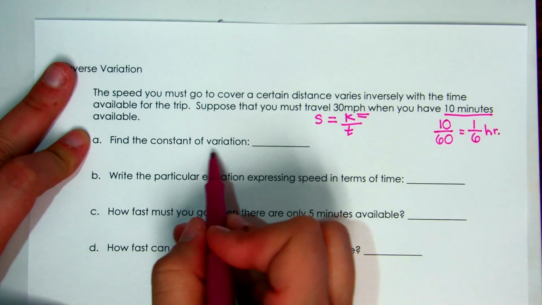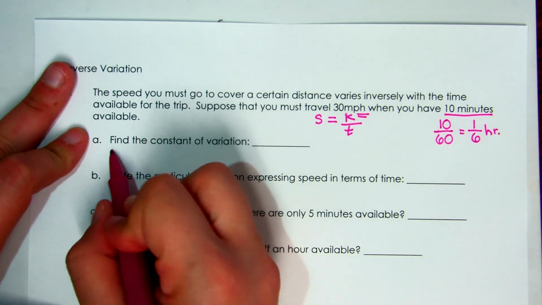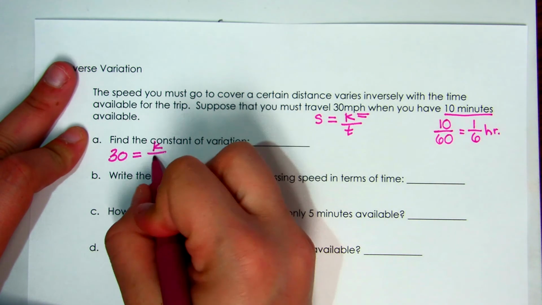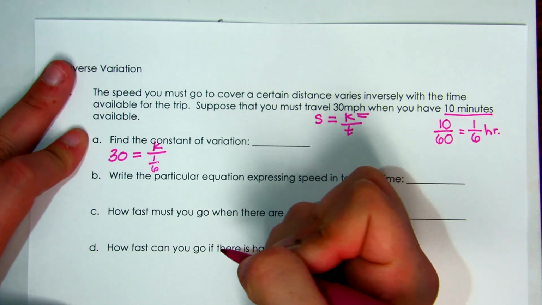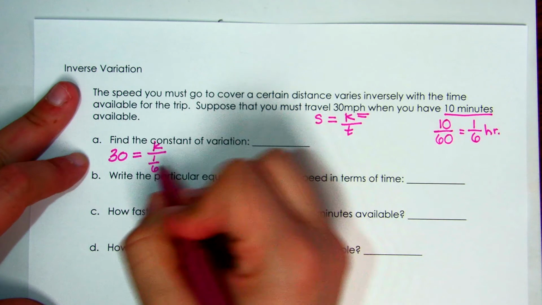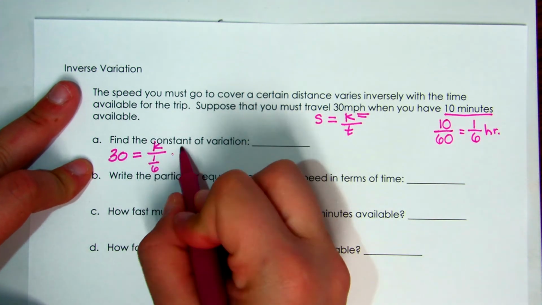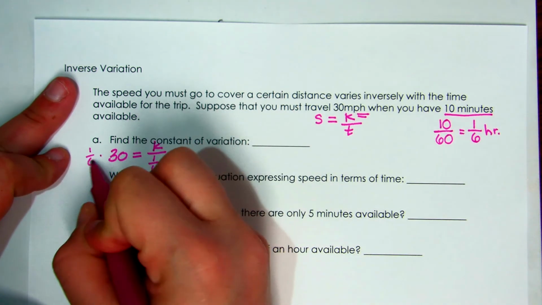So to find the constant of variation, my speed is 30 equals K over my time, which is 1/6 of an hour. So to get rid of the 1/6 to get K alone, I'm going to multiply both sides by 1/6.